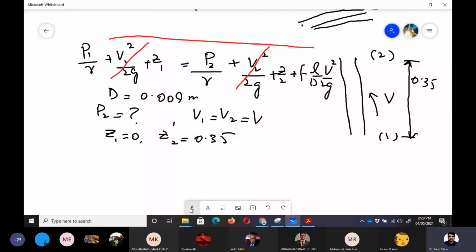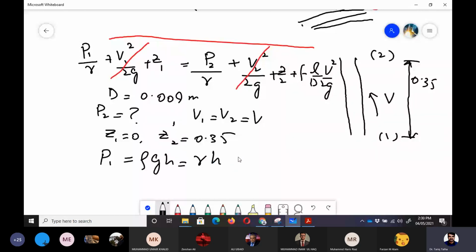So here, P1 upon gamma, or maybe if you use your hydrostatic pressure distribution knowledge, that is equal to rho gh, or we call it gamma h.